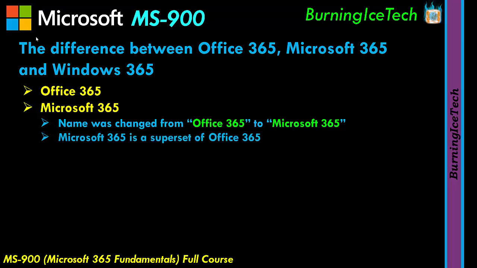So Microsoft 365 is a superset of Office 365, as it includes everything you know in Office 365 and more, such as Windows, Teams, and other cloud-based security and device management products and services. Microsoft 365 is designed to help people and businesses achieve more with innovative apps, intelligent cloud services, and world-class security.